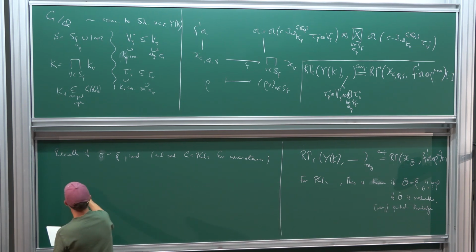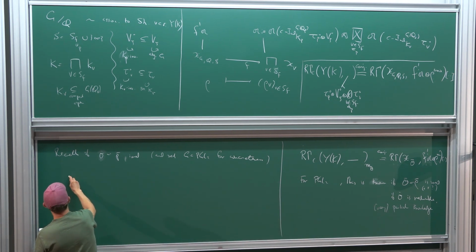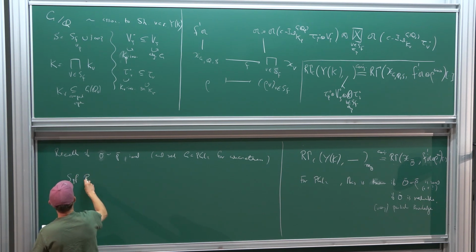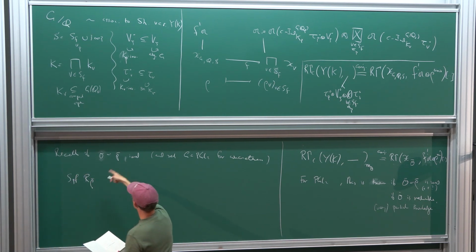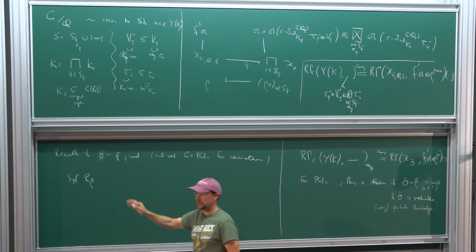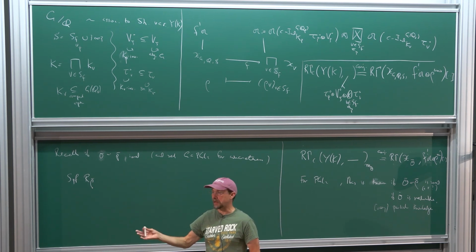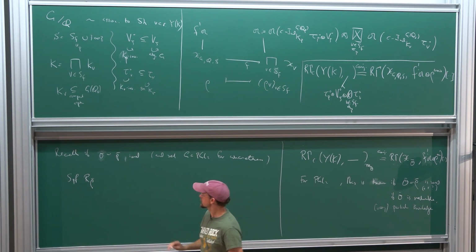Then we had this picture from last time where you have just now a universal deformation ring of rho bar, just unrestricted, unramified outside S and unrestricted at S.